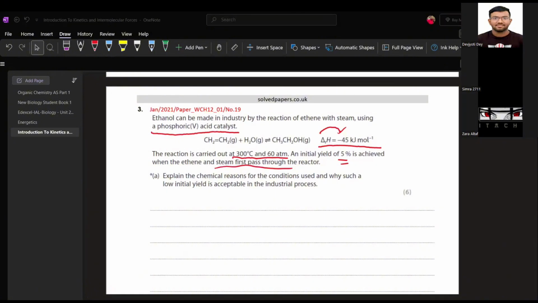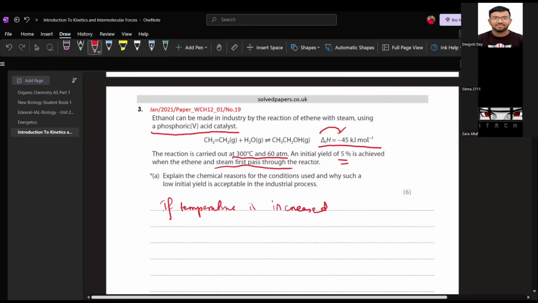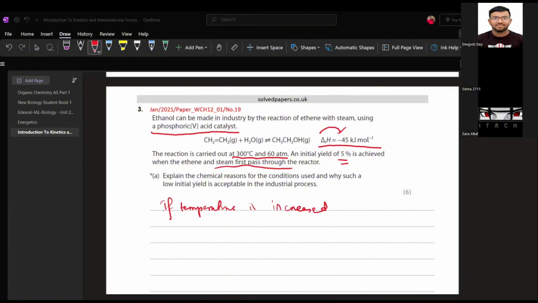Okay, there are two ways you can do this. First of all, if the temperature is increased, do you know the Maxwell-Boltzmann curve, Simra? Yeah. Okay, if temperature is increased, what happens? Can you please tell me? More particles gain energy greater than the activation energy, right?